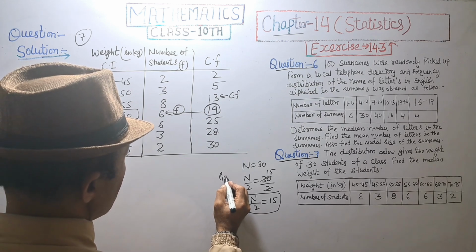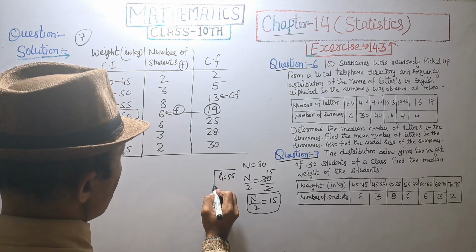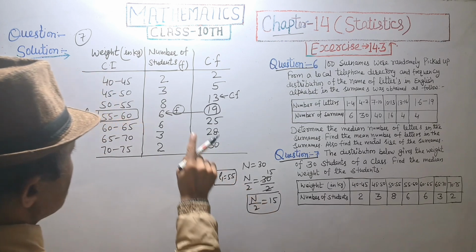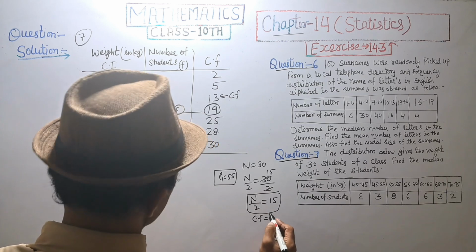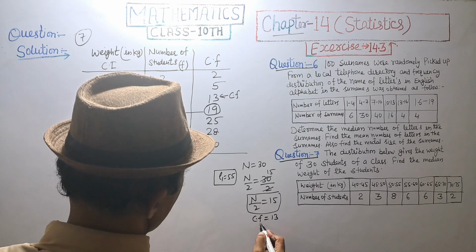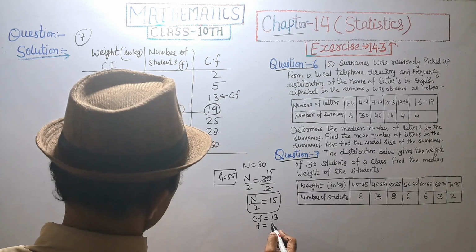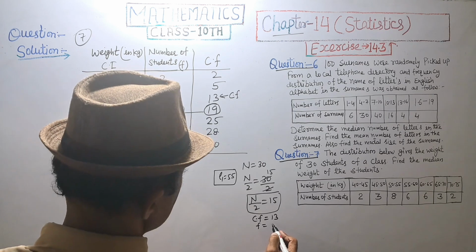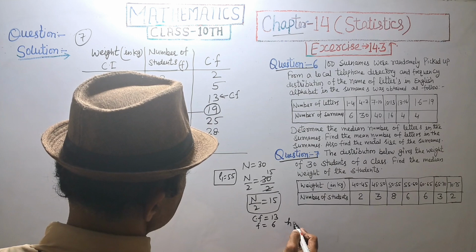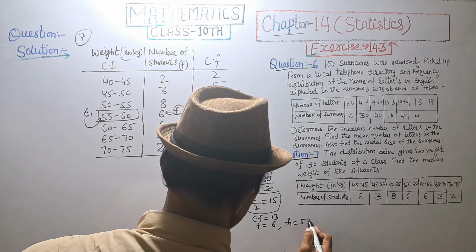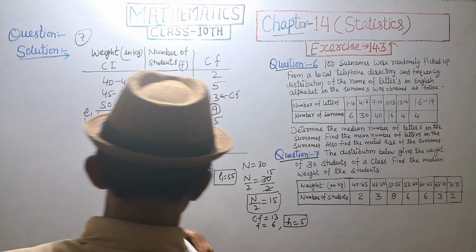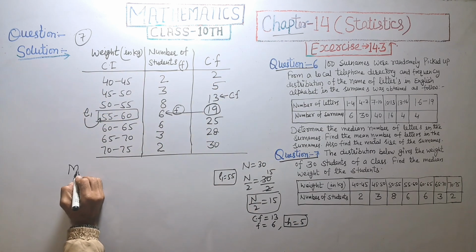We get L1 is equal to 55, N by 2 is 15, CF is equal to 13, F is equal to 6, and H is equal to 5.